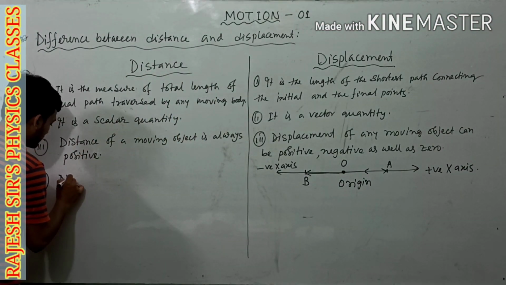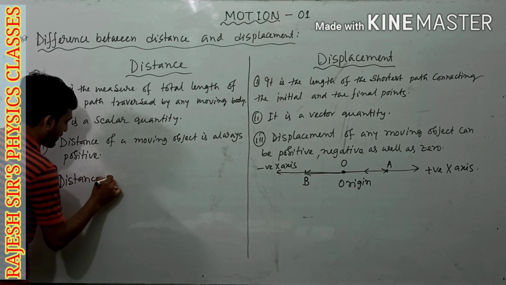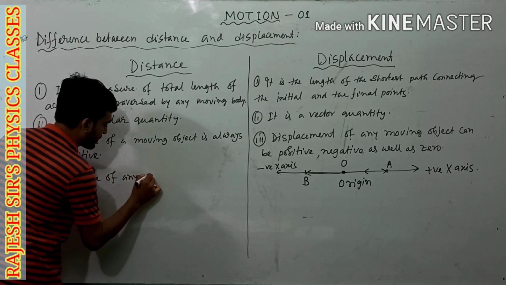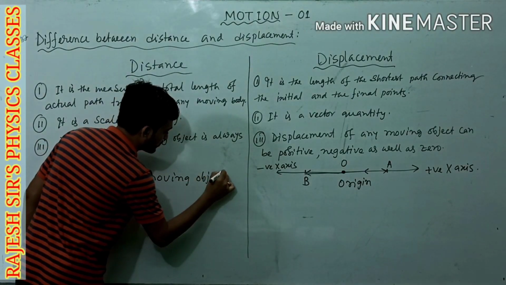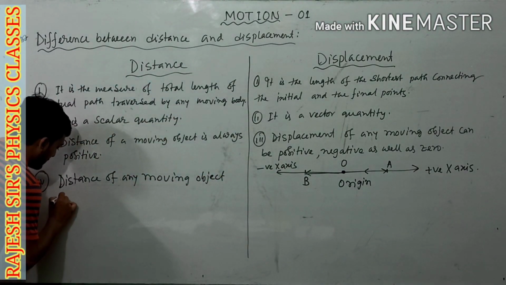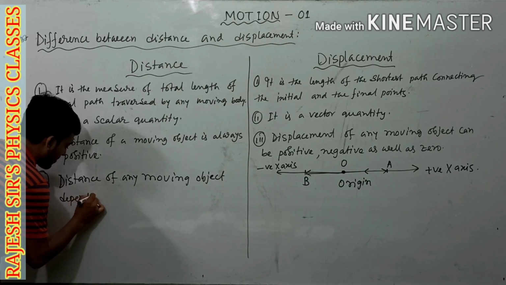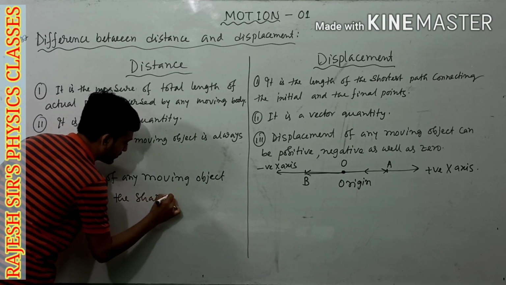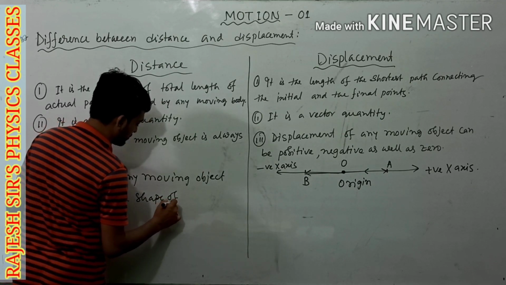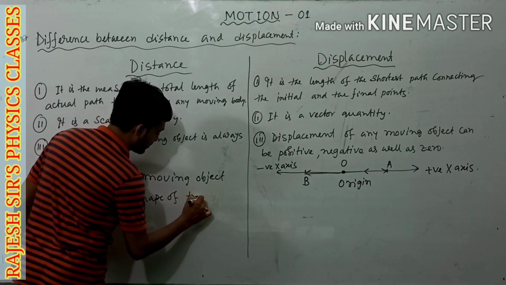Fourth point, distance of any moving object depends on the shape of the trajectory.